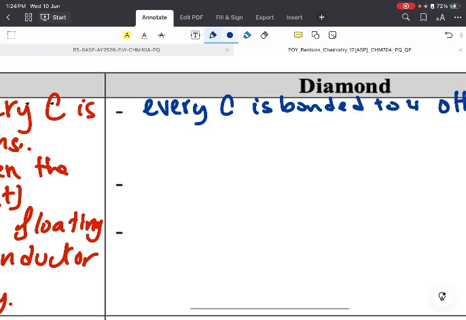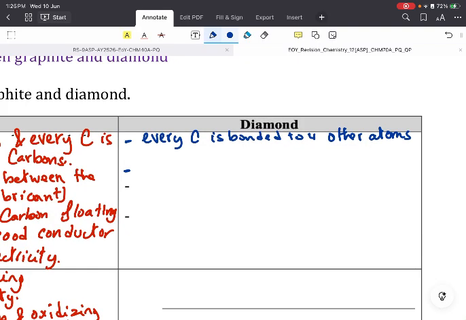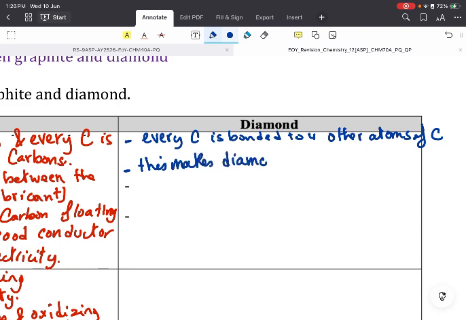Okay, so now let's just continue this idea. Every carbon is bonded to 4 other atoms of carbon, and as a result, this makes diamond very hard. And honestly, diamond is used usually as a cutting tool.